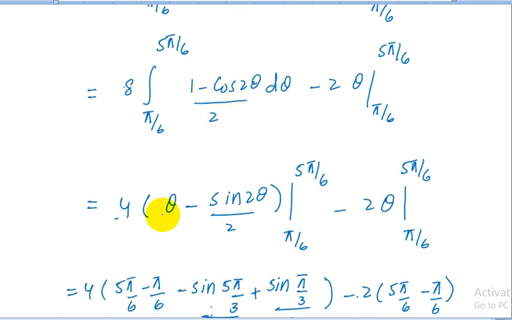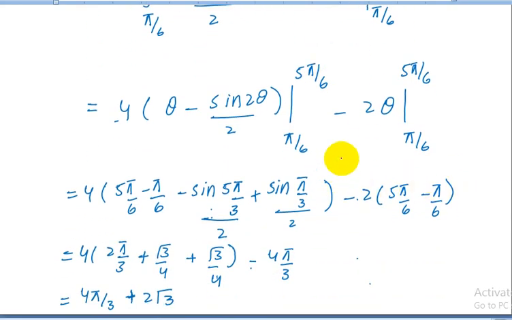Applying integration here, we get theta minus sine 2 theta upon 2, and theta varies from pi by 6 to 5 pi by 6. Now just putting in the limits, it becomes 4 times [5 pi by 6 minus pi by 6] minus sine 5 pi by 3 upon 2 plus sine pi by 3 upon 2, minus 2 times [5 pi by 6 minus pi by 6].